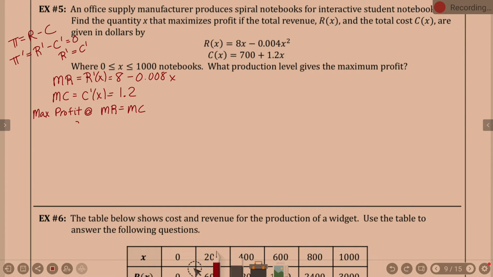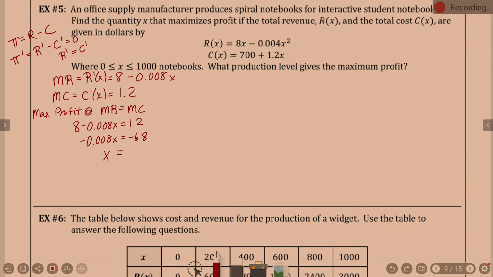I'm going to say 8 minus 8 thousandths x equals 1.2. And I'm going to work my way through the math. Negative 8 thousandths x equals negative 6.8.